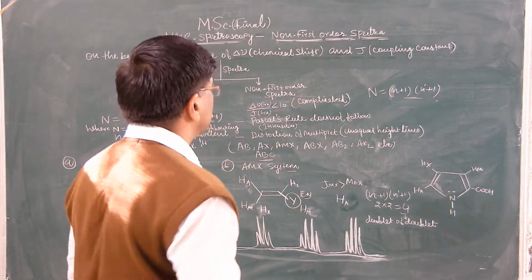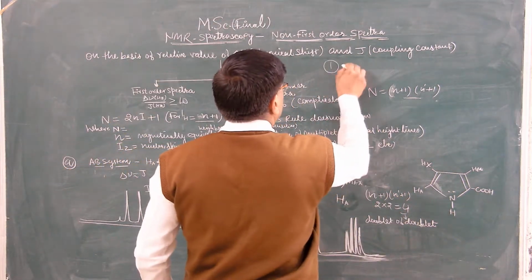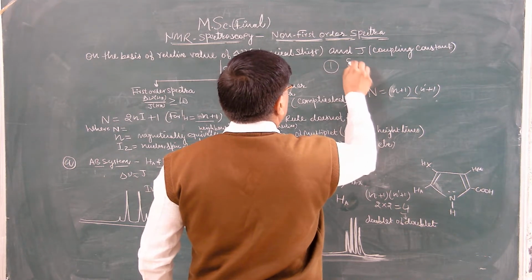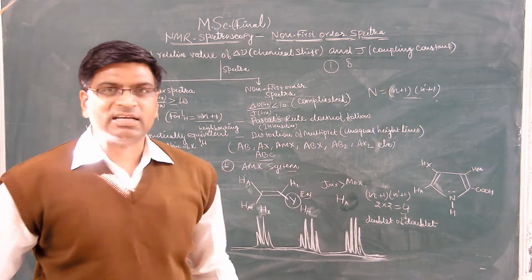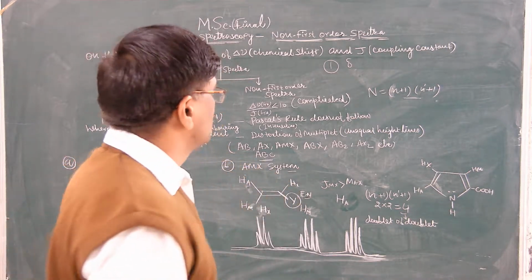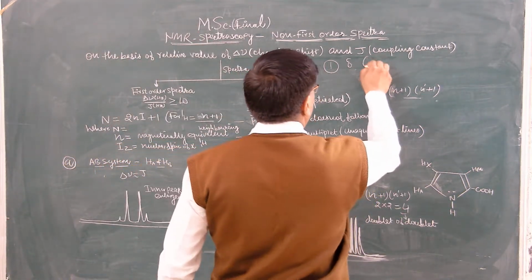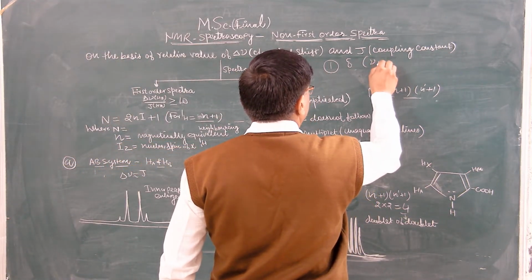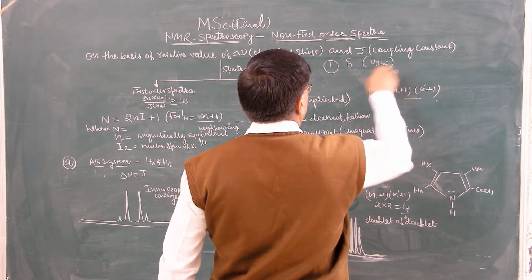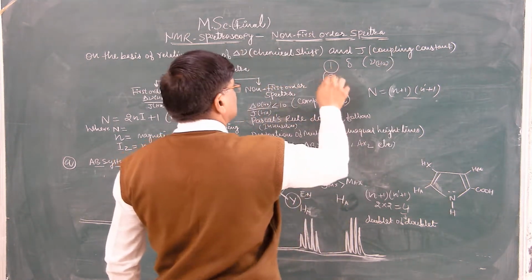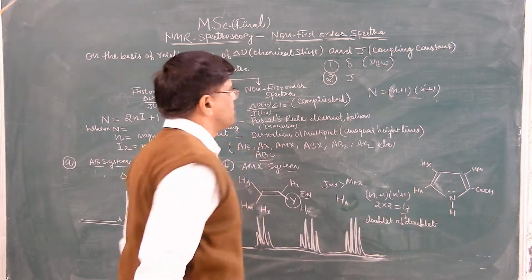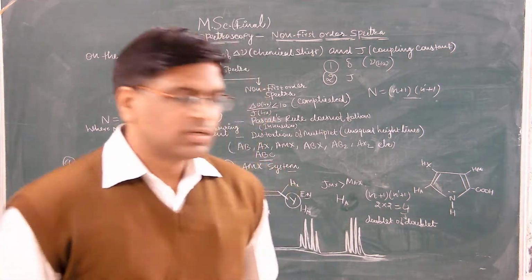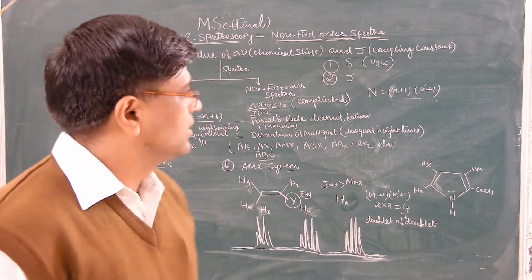One is chemical shift, that can be denoted by either delta or in the form of nu in hertz. And the second thing is J, that is called the coupling constant.